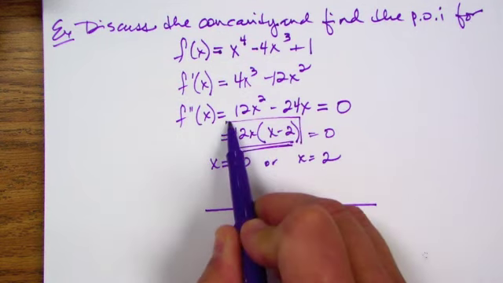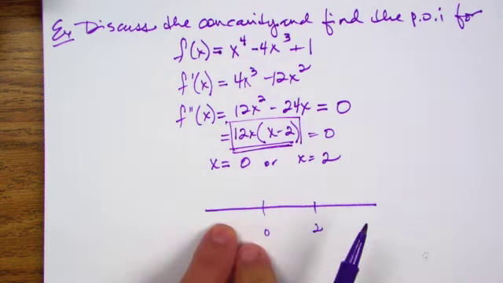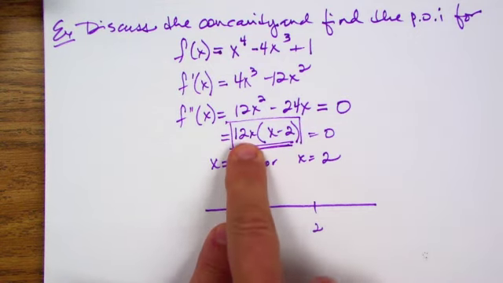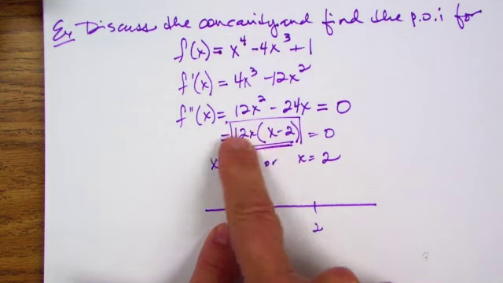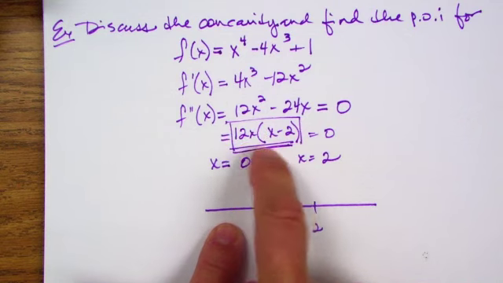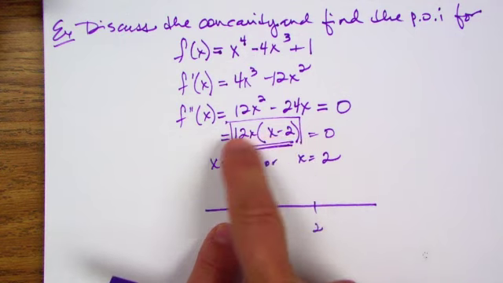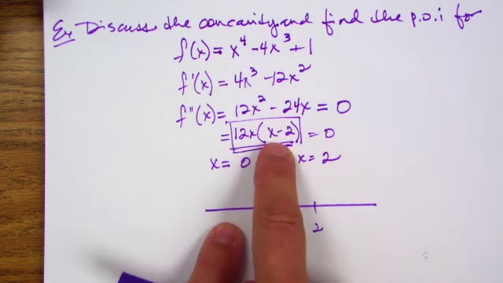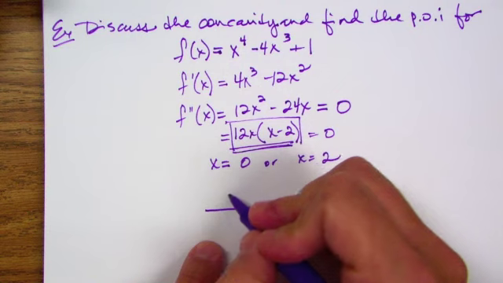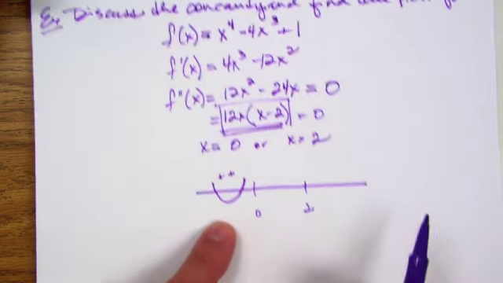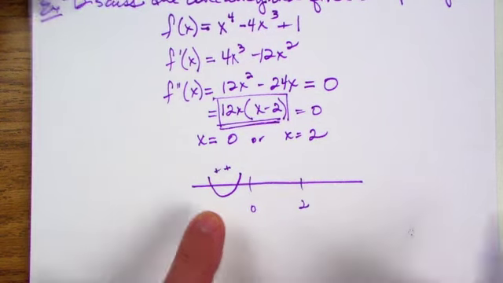Let's test a value like -1. If I plug in a -1 right here, this value is negative, this value is negative, and a negative times a negative is a positive. So two positives make a happy face, right?